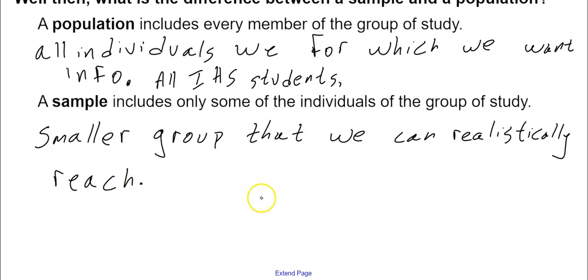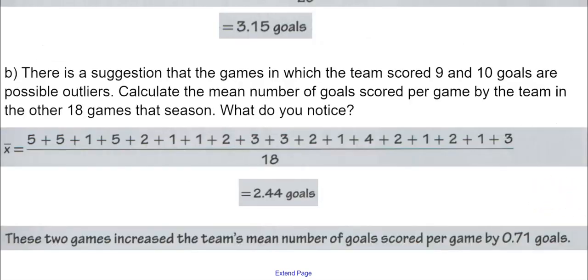If your population is too geographically spread out or it's too expensive to get to an entire population, you would use a sample. A sample is a smaller portion of a population. So if you talk to every individual in a population, you use mu. If you do a sample, then you use x bar. The formulas are slightly different, but thankfully for us, we don't really need to do the formulas.